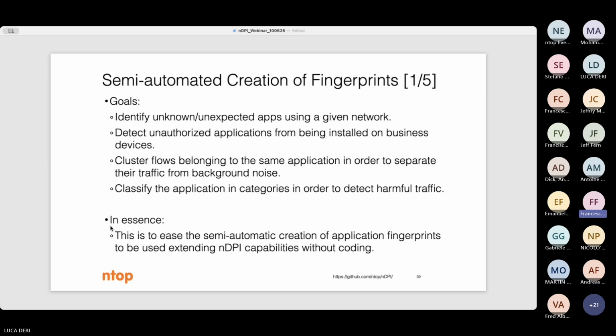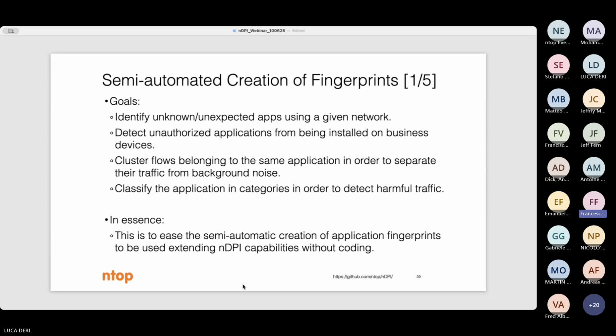But also one goal is to cluster the flows, so to group together the applications and to remove the background noise, for example, the traffic generated by the OS of the device.